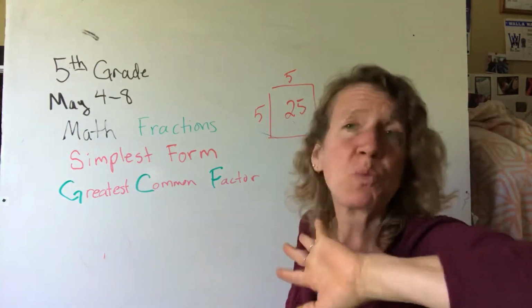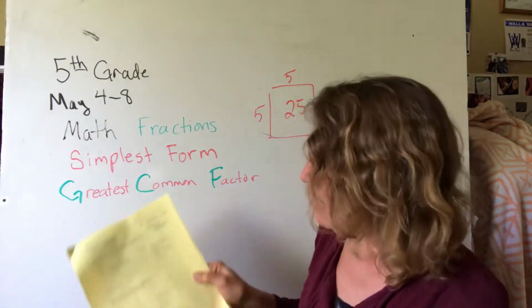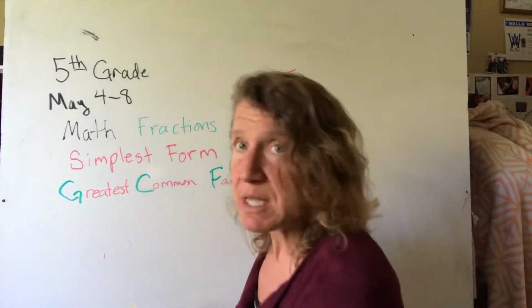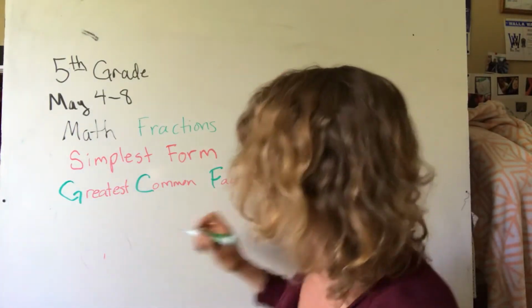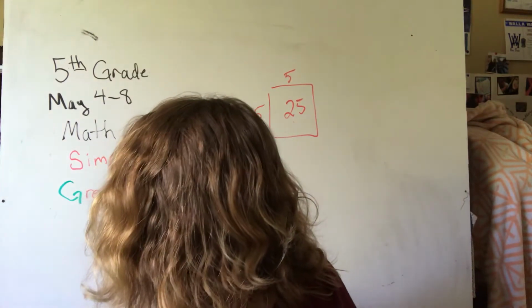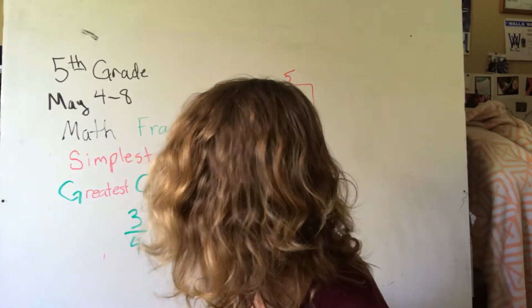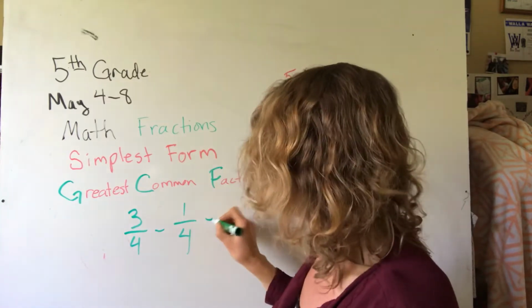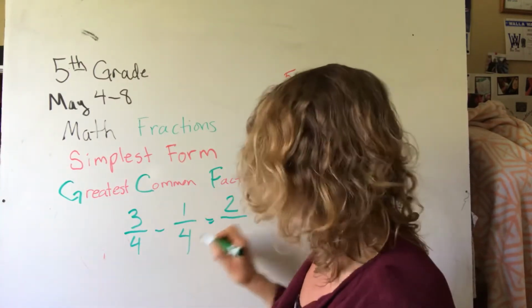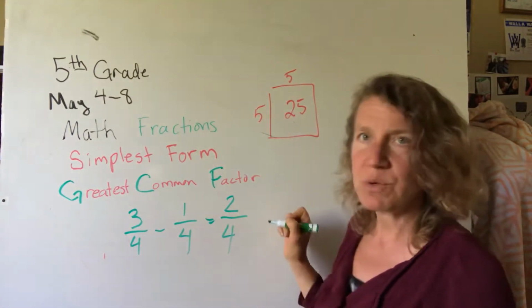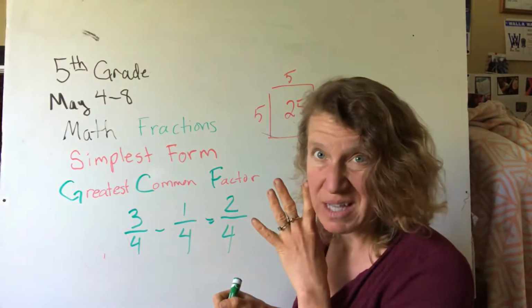So if your numerator is 1, you're good. Don't have to worry about it. Let's look at number 2. 3/4 minus 1/4. 3 minus 1 equals 2. Use the same denominator, 2/4. This is the example I just gave you.